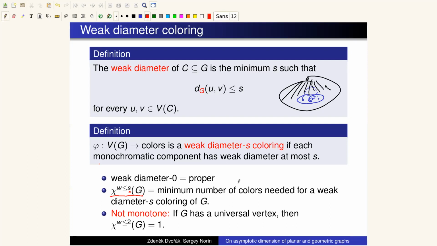So if the graph has a universal vertex, and as I have said, everything has weak diameter at most 2, you just need one color to color it. But if you delete this universal vertex, suddenly you may need a lot more colors.